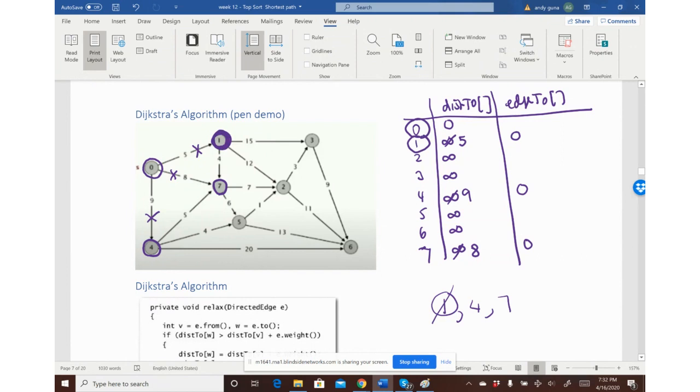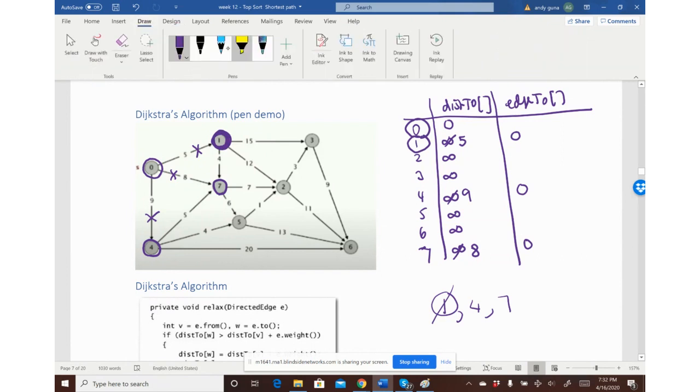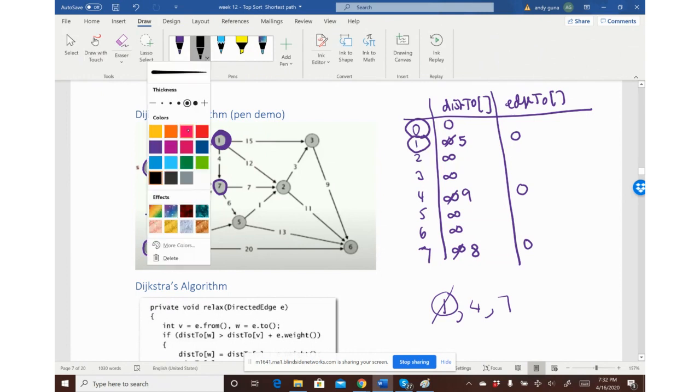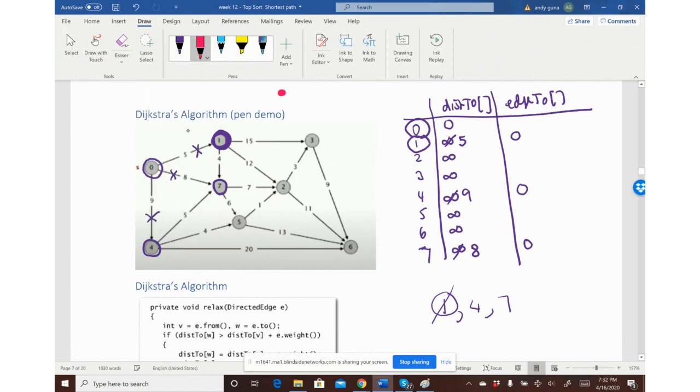And then I'll see if I can update 3 things. One is that, let me show you by using color. It becomes more clear by using color here.